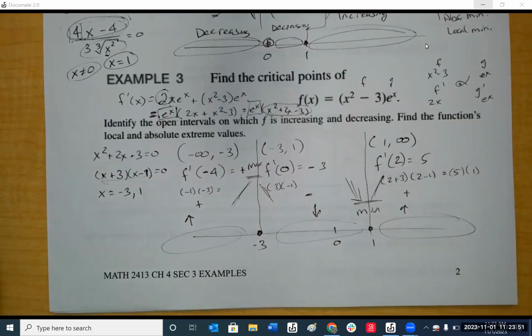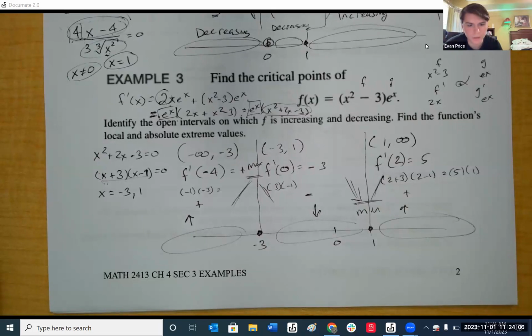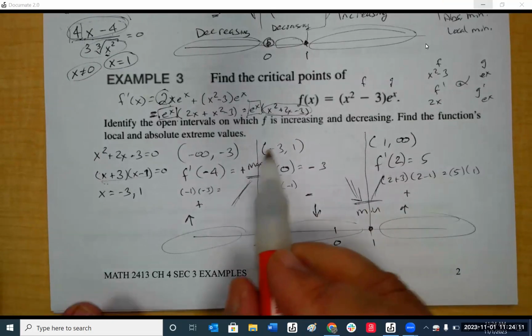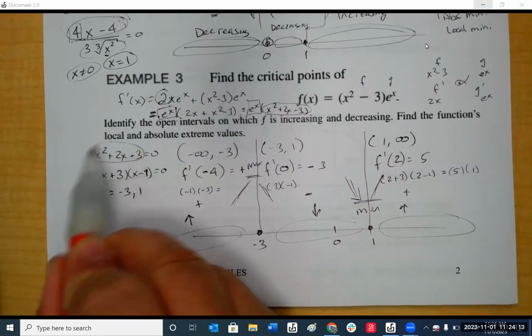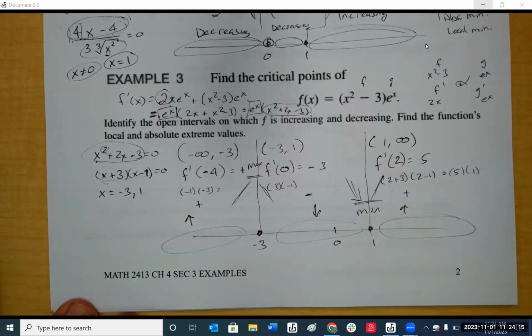And we can't check the endpoints, but what do we know about this function? What's the graph going to look like? Well, both ends going up, for this part here, because it's a quadratic equation.